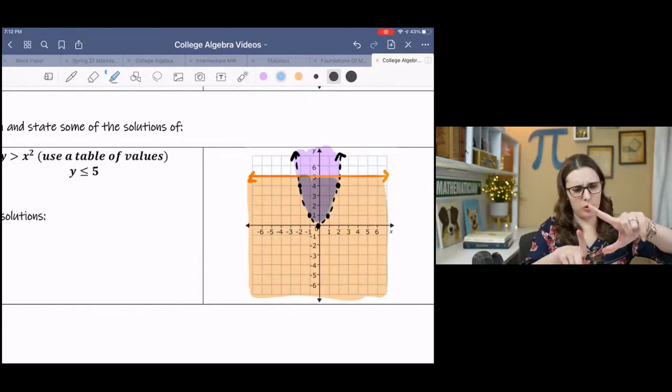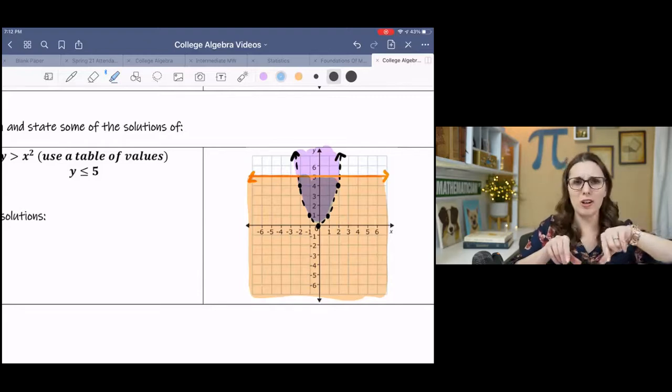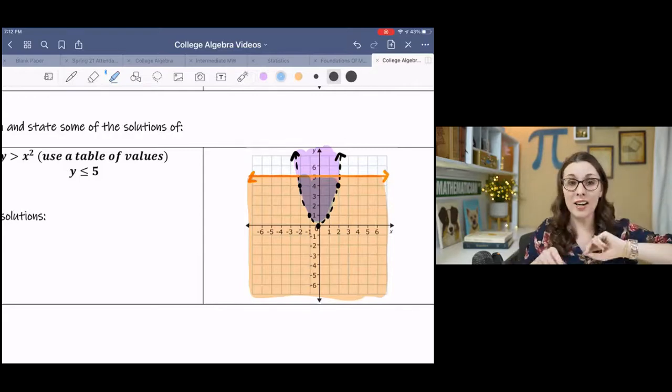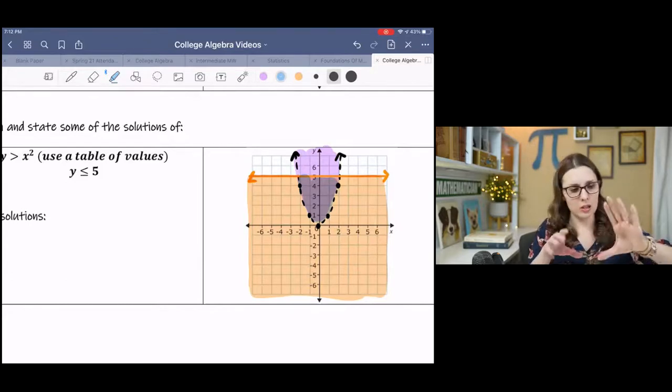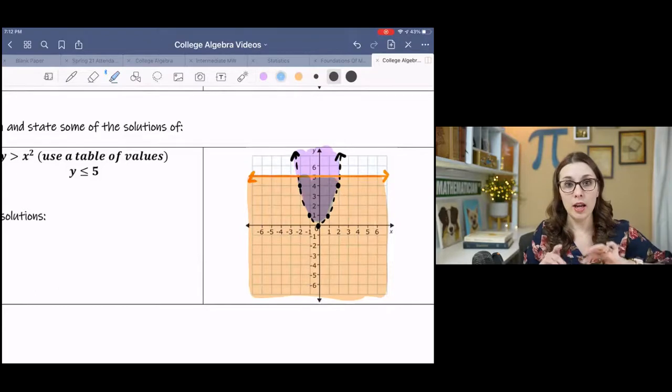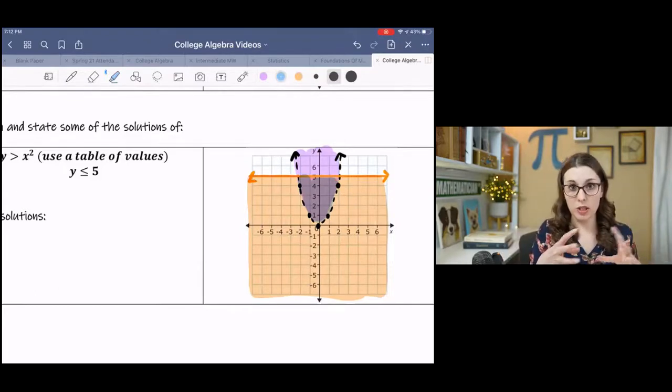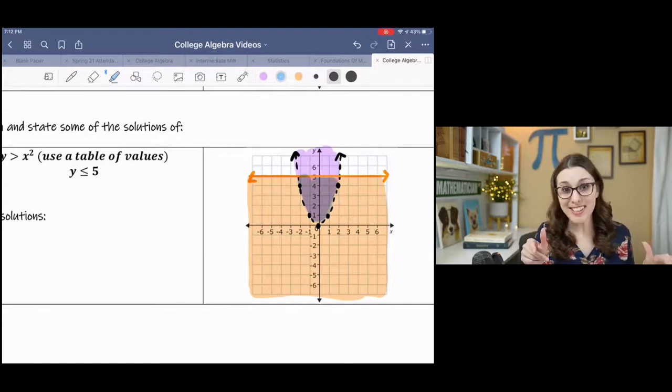A triangle where these 3 lines overlap, and typically your shading is going to be inside my terrible triangle, and it's bounded by the lines. And you have to use those intersections and the shaded region to come up with your solution. So, long story, not part of this course, but it is pretty cool. And that's getting into cost, revenue, and profit.